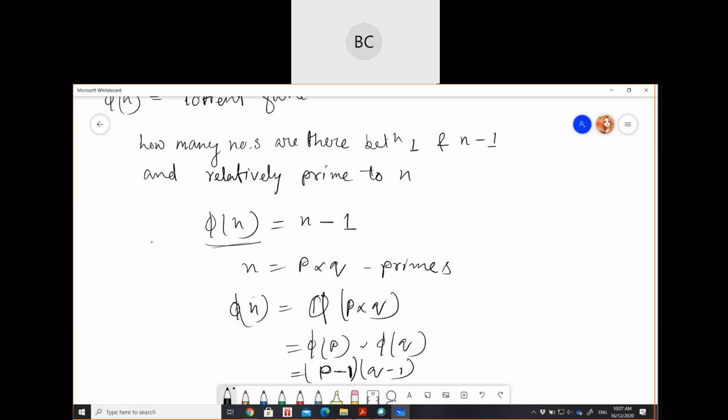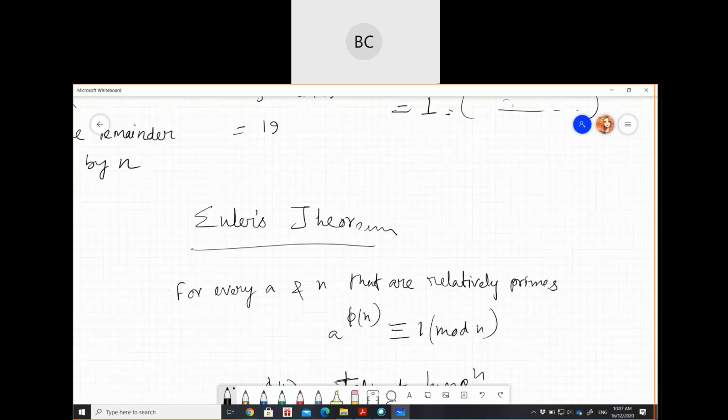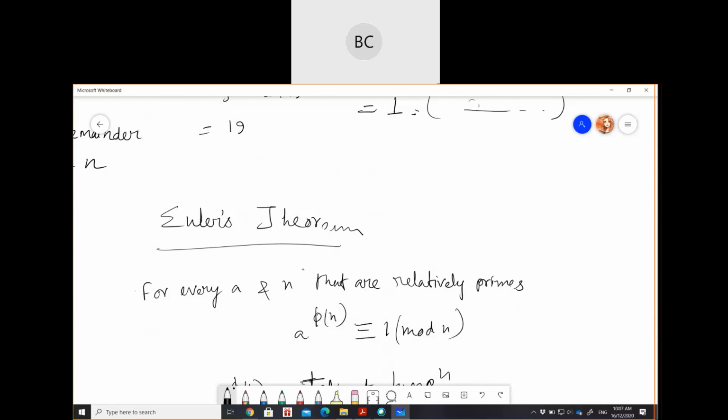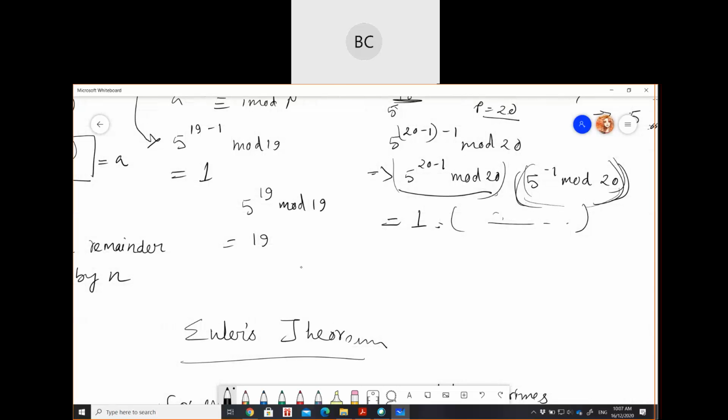So this is all about number theory. These are some of the concepts we use in RSA and Diffie-Hellman. In public key cryptography, everything is about modular arithmetic and this totient function. If you want to see the proof, you can go ahead and find the proof for Euler's theorem.